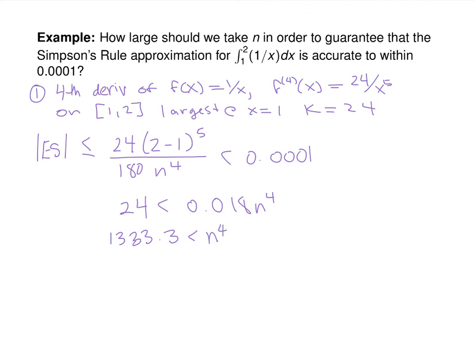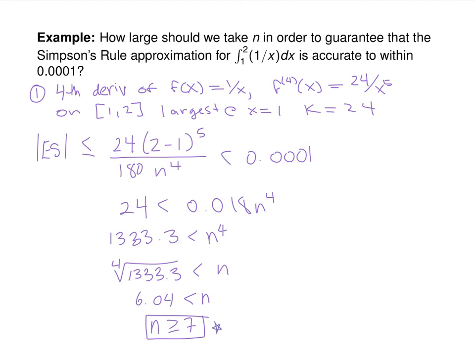And now if we fourth root stuff, so fourth root of 133.3 is less than n, and you get 6.04. And because you only can take whole numbers of intervals, and because your n has to be bigger than 6.04, you have to round up and say, oh man, n is bigger than or equal to 7. So only n equals 7 to make Simpson's rule work.